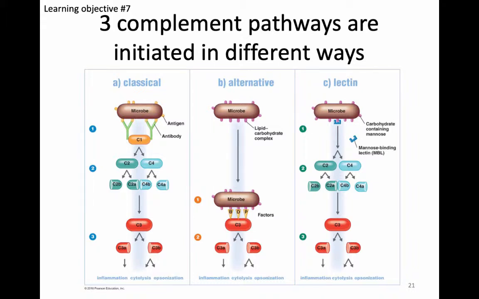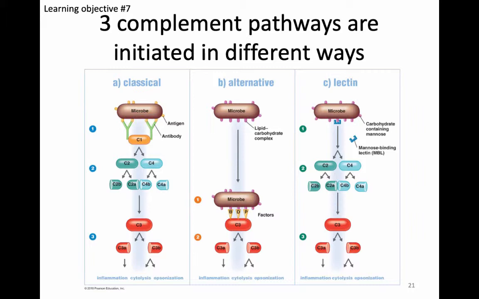This causes complement protein C1 to interact with the antibody. As a result of that, complement proteins C2 and C4 are split into two components. C2a and C4b will then bind together, which causes complement protein C3 to split into two components. So the classical pathway is initiated by antibody binding to antigen.